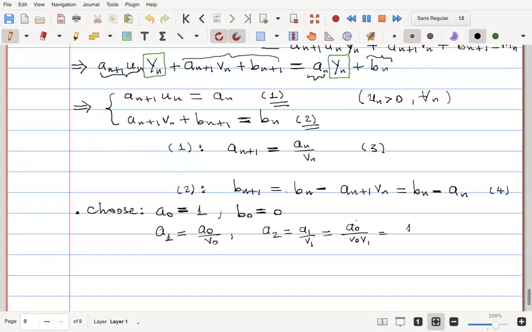That's the good thing about this. We could have left a_0 as any non-zero value, but if we set it to 1, it still makes our life easy. Now we can see that it will be v_0 v_1.